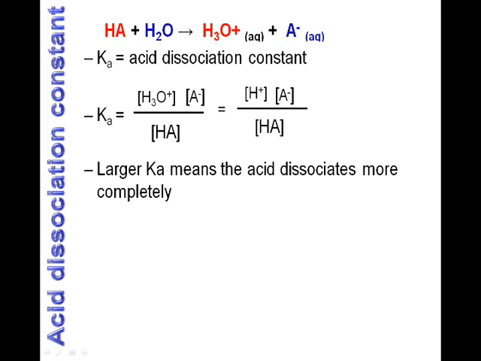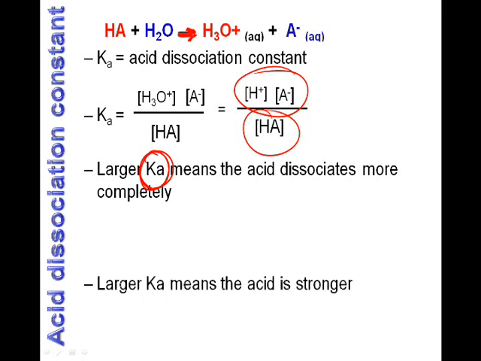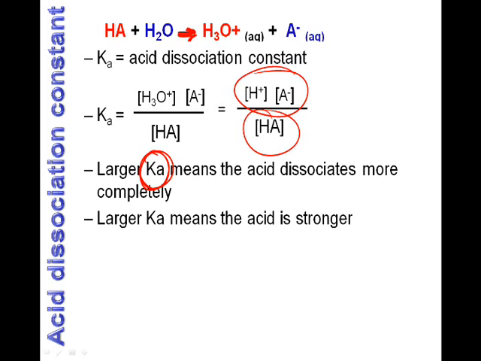A large acid dissociation constant means that this reaction goes mostly to the right. It mostly dissociates so that we have a lot of products and not very much of the original acid left over. The larger that Ka, the more completely the acid is dissociating. Another way of saying that is the acid is a stronger acid.